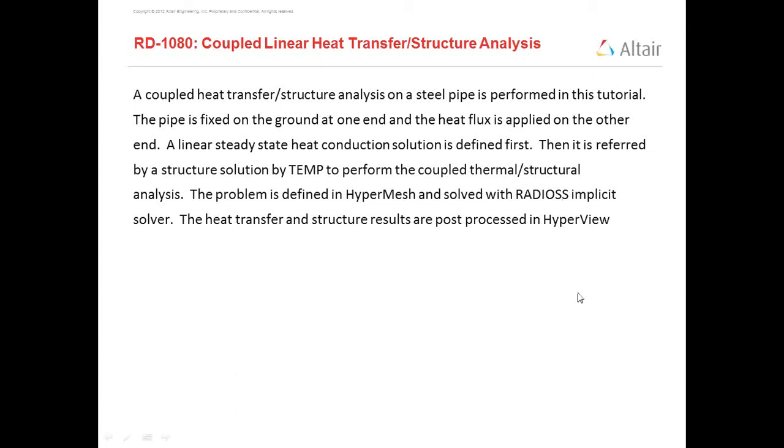A linear steady state heat conduction solution is defined first. Then it is referred by a structure solution by TEM to perform the coupled thermal structural analysis. The problem is defined in Hypermesh and solved with the Radioss implicit solver. The heat transfer and structure results are post-processed in Hyper-V.